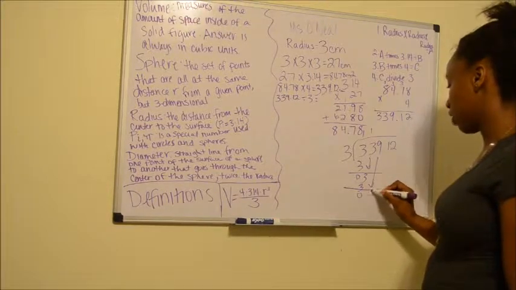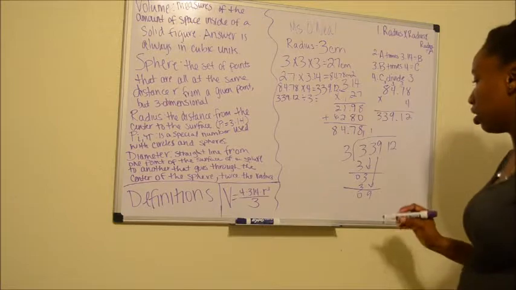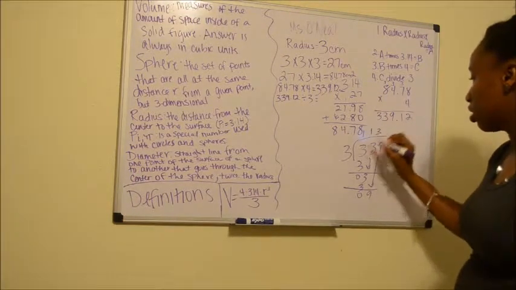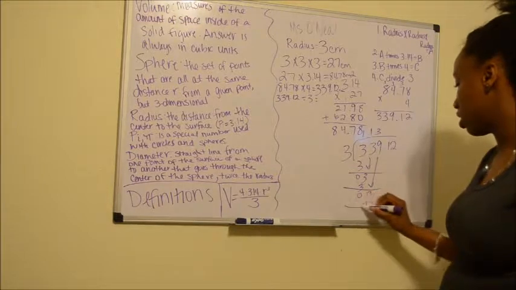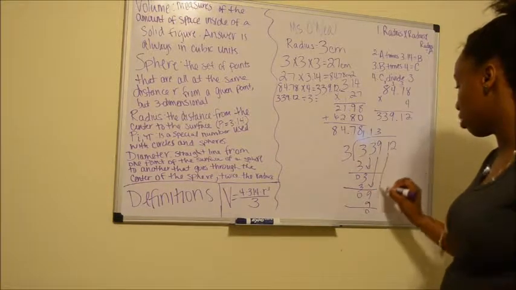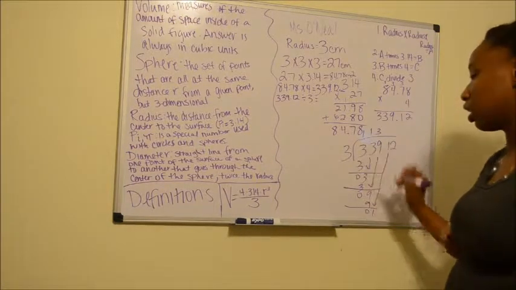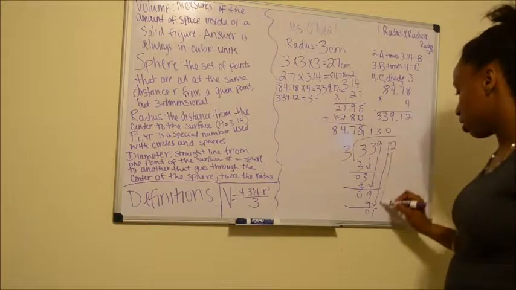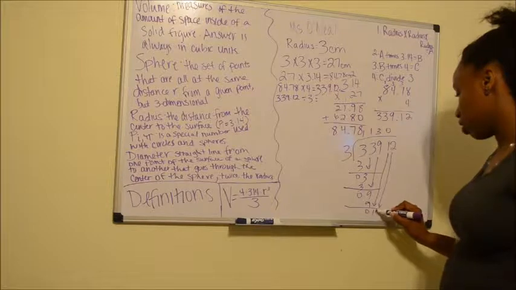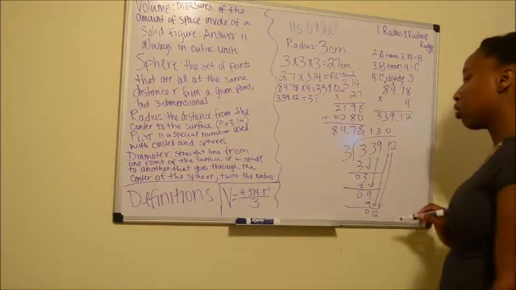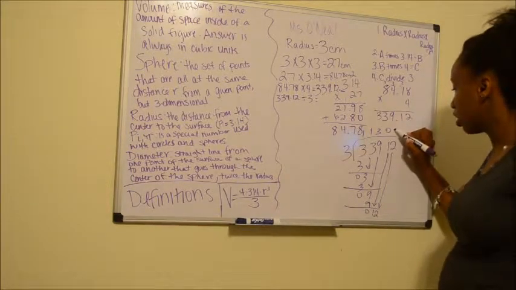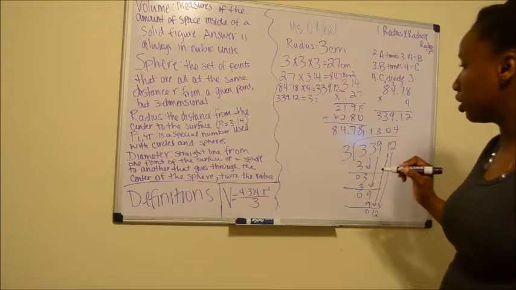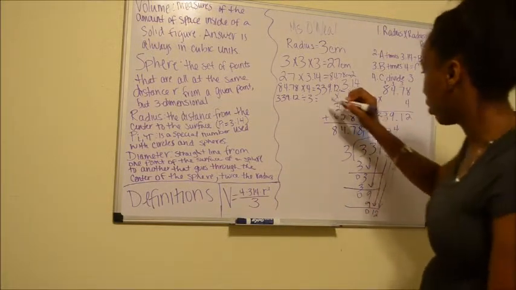Bring down your 9. 3 goes into 9 3 times. 3 times 3 is 9, which is 0. You bring your 1 down. 3 can't go into 1, so you put your 0 above. You bring your second number down, which is 2. So now 3 goes into 12 4 times. You add your decimal. Your answer is 113.04.